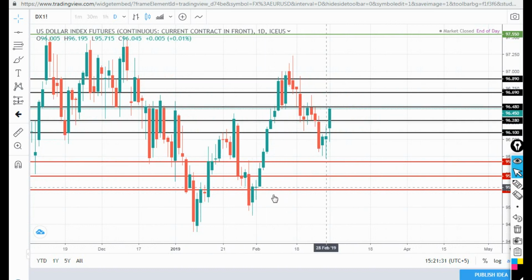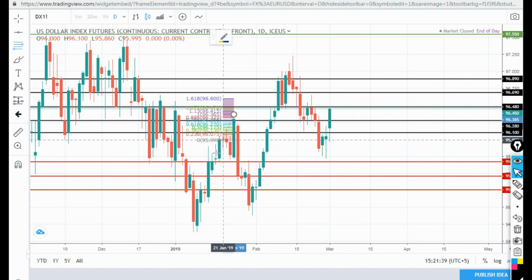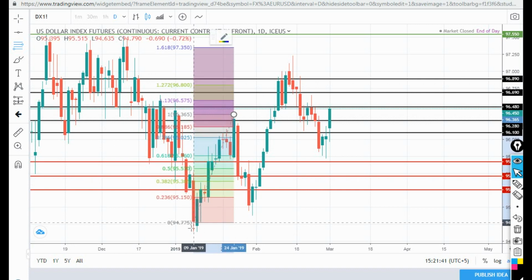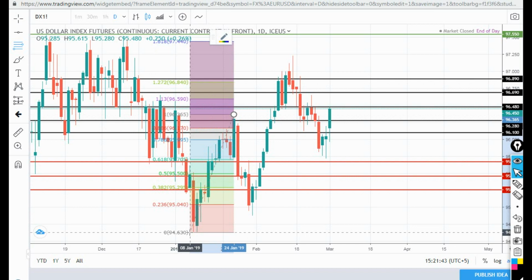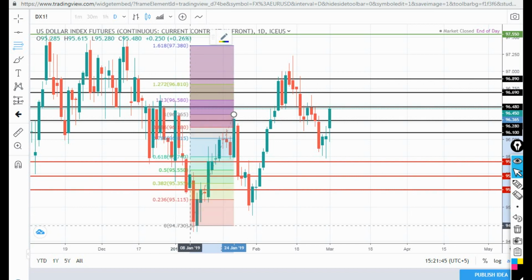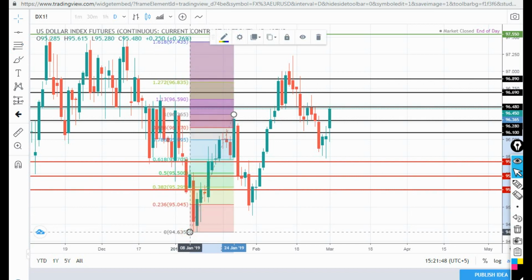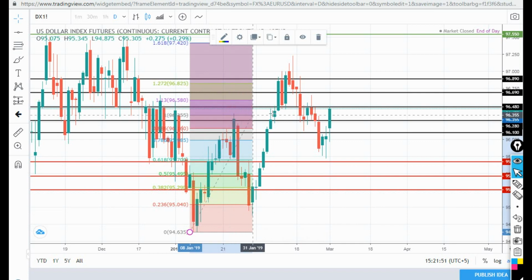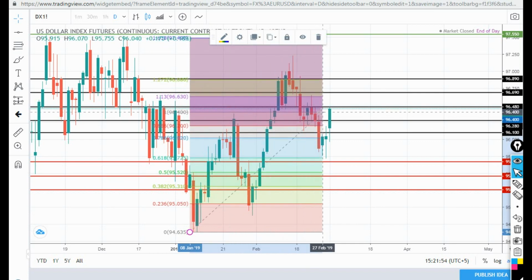Now if I follow this third wave according to Fibonacci, how? Let me show you. I just place this Fibonacci in reverse from this point to this point according to my correction phase, because I see the correction, and let's suppose that we are here. So how do I find the exact number for my third wave?